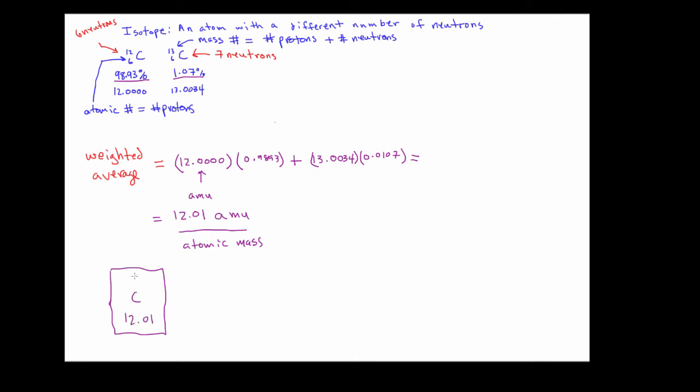And above the symbol, usually you see the atomic number. So now you know where this number comes from. This is the weighted average, and you'll see a weighted average underneath all the symbols on the periodic table. Similar calculations were utilized to figure out the average atomic masses for all of the elements on the periodic table. And with that, I'm going to go ahead and close this video.